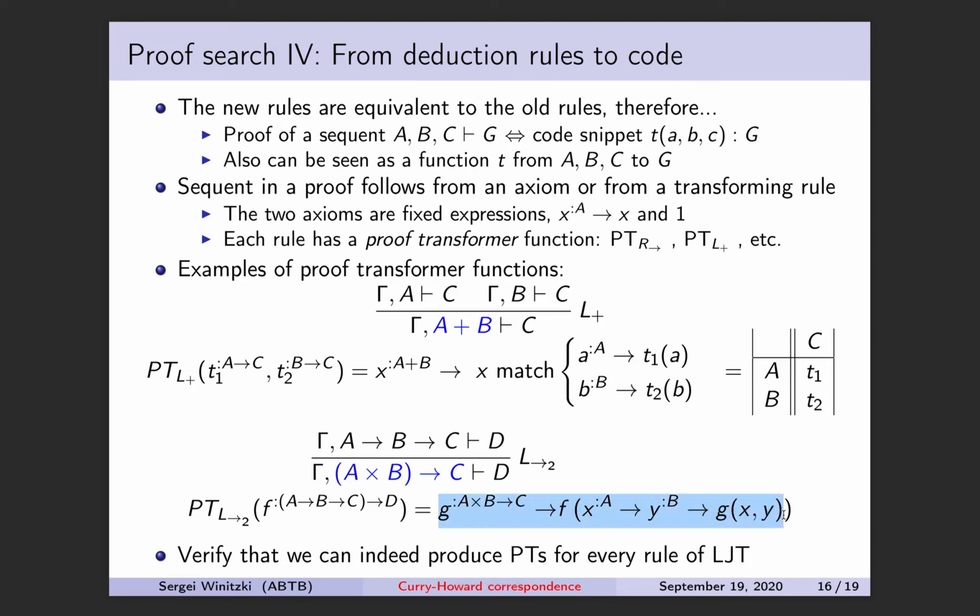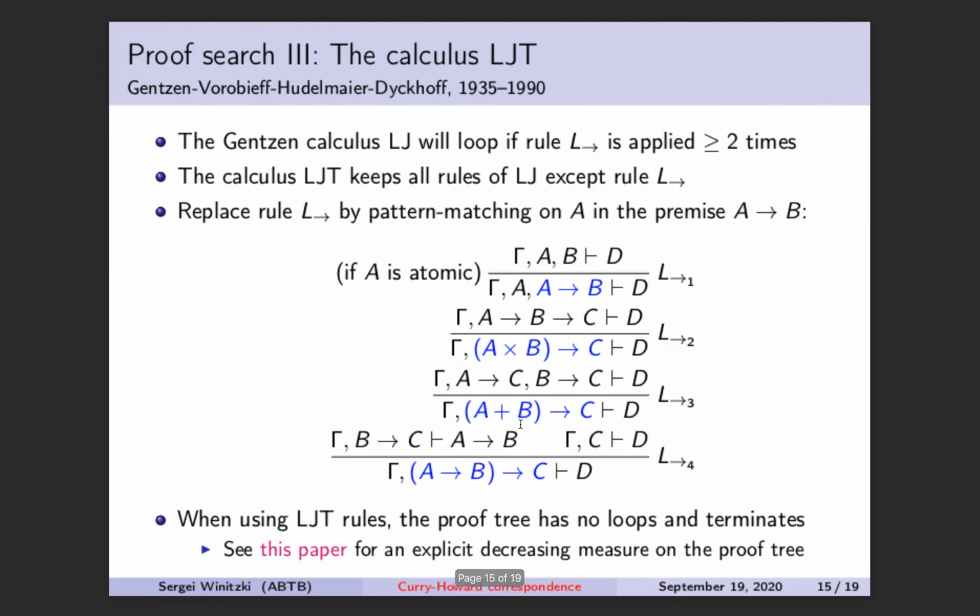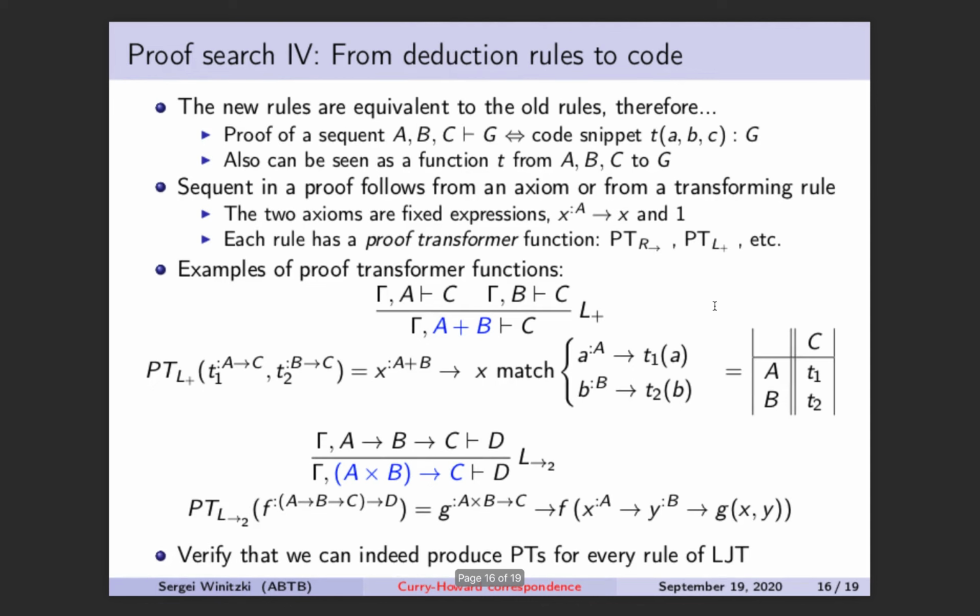So you need to have a function like this, which transforms these curried functions in one way or another. It's pretty involved. So in order to use the LJT algorithm, you need to verify for each of these rules that you have the code snippet. You need to write down the proof transformer for each rule as a code snippet. And that's not going to be so trivial, but it is not a very difficult task.